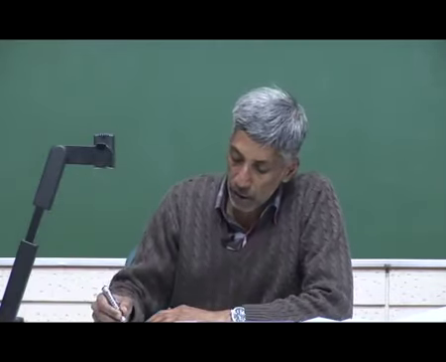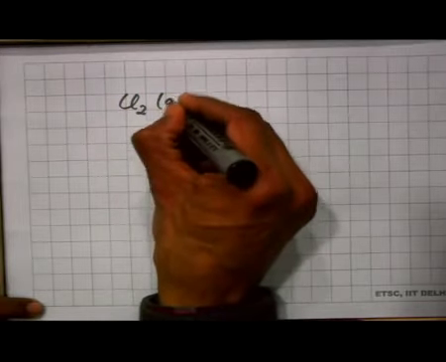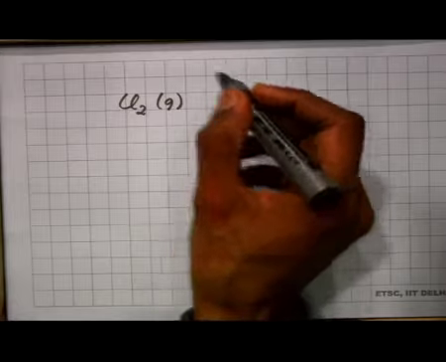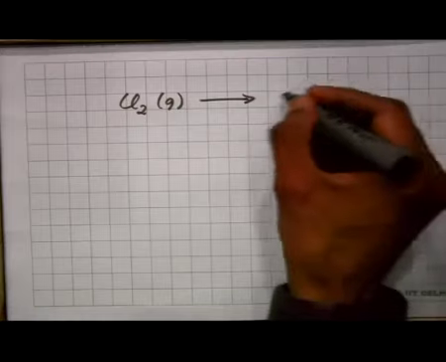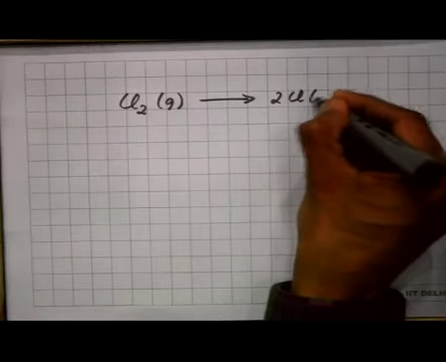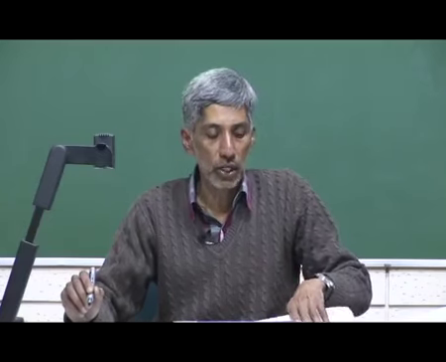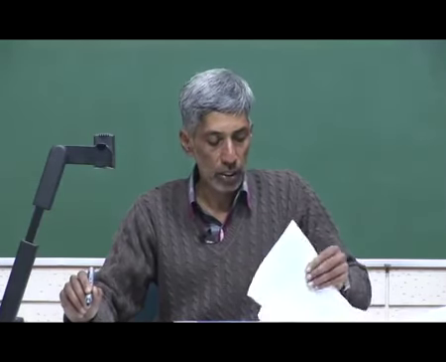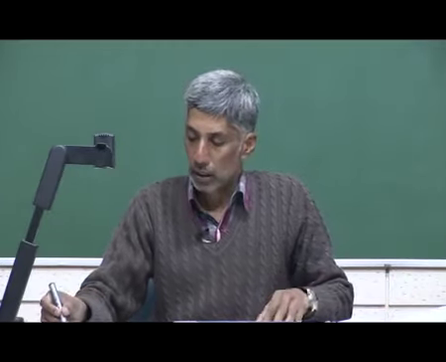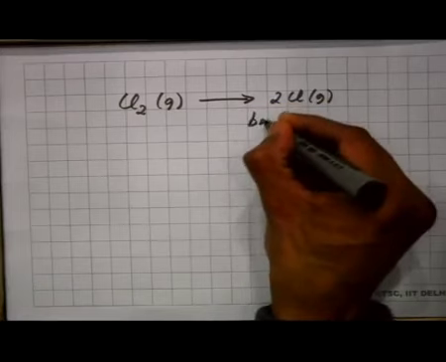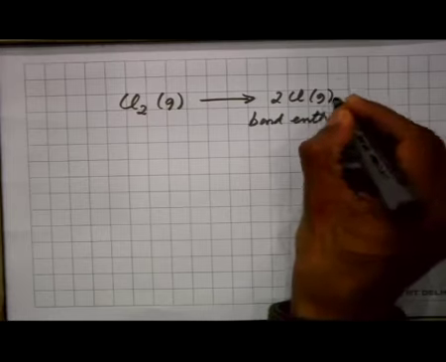Let us take a particular example. Let us imagine that I have Cl2 gas and I break this. If I break this, it will give me 2Cl gas, and the heat that is required to break the Cl2 molecules into 2Cl atoms gives you the bond energy, or bond enthalpy if you are looking at it in terms of thermodynamics.